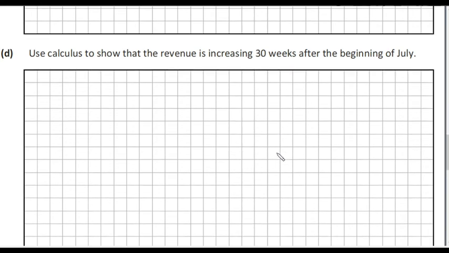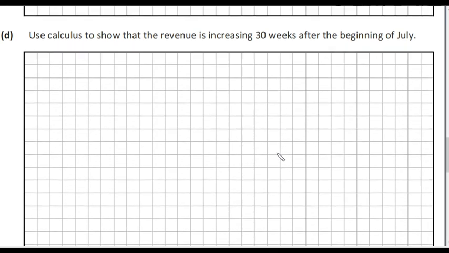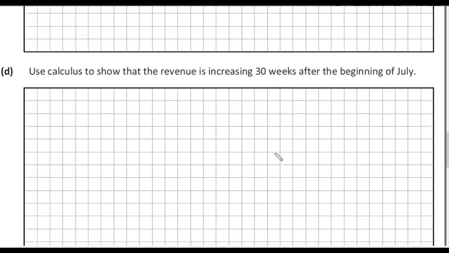Alright. Now in part D here it says use calculus to show that the revenue is increasing 30 weeks after the beginning of July. Well, a function is increasing when its first derivative is greater than 0. So what that question is asking us to do, we need to show that when the first derivative when t is 30 is greater than 0, that it's positive, right?